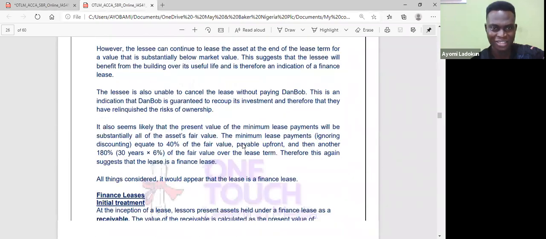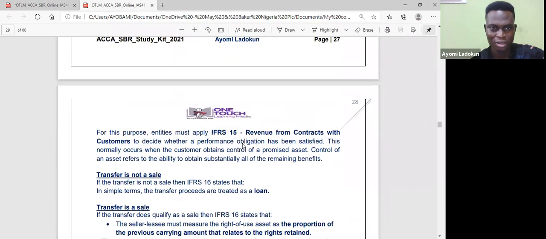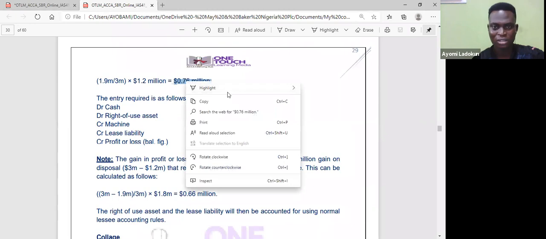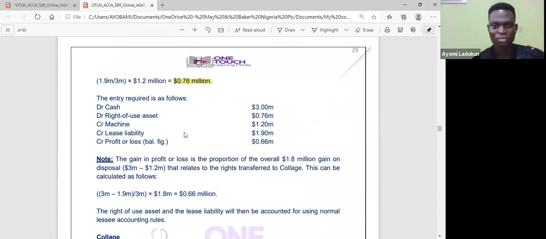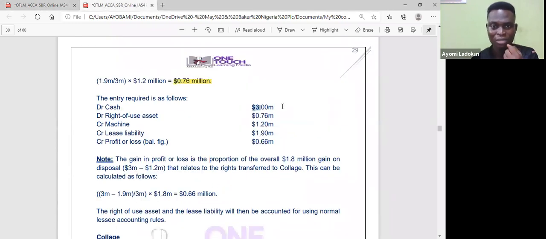Okay, so this is what I did. Can you see? This is what I just did up there. So that's how you get this figure. Because I sold, in my own account, remember, I'm the one that sold. Painting sales. So when I sold, I received cash of 3 million. I debit cash.